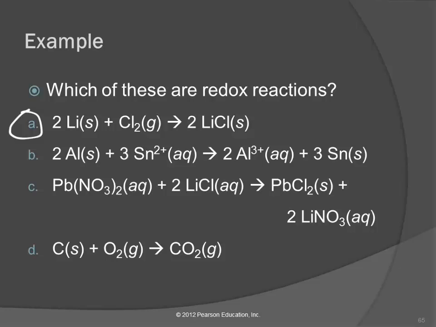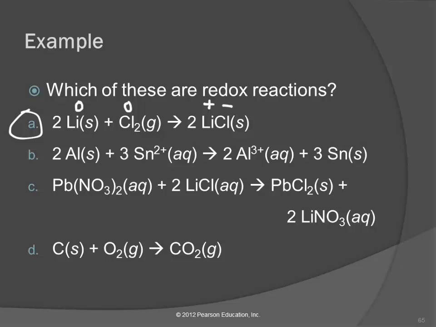Let's look a little more closely at this to see. So over here, lithium, what charge does a lithium atom have? 0. And the chlorine, what charge does it have as an element in a molecule? It has 0. Both of those are neutral. They don't have charges. When they get together as lithium chloride, this is an ionic compound. What charge does lithium ion have? +1. And chloride is -1.